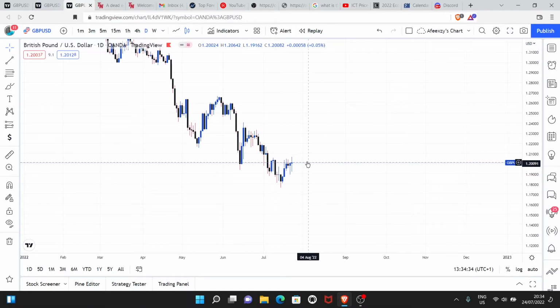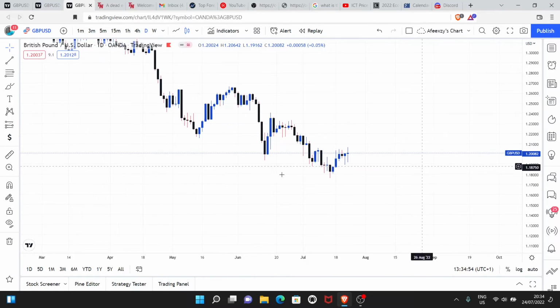On GU I shorted it on one of my accounts on Friday, with a very little position because it was market close. Then I saw the setup and I was like, wow, this setup is great. So on the daily time frame, let me mark it.